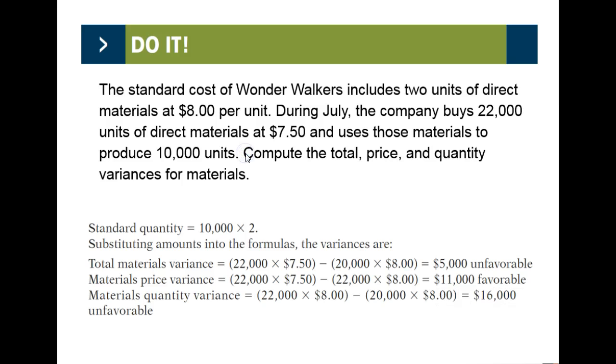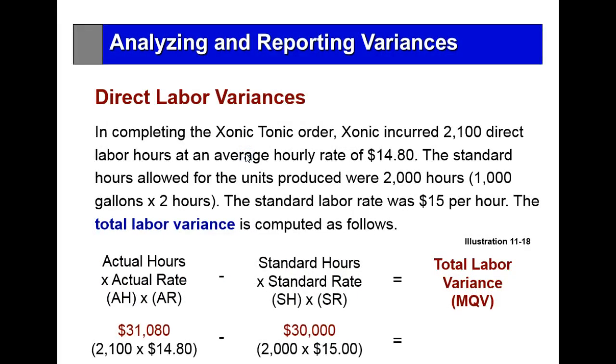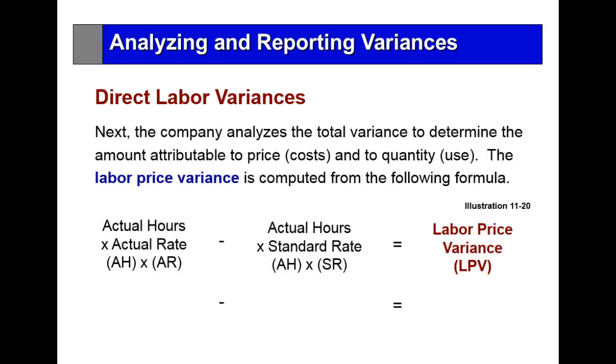The same thing's going to happen with our direct labor variances. We have our actual hours times our actual rates, then our standard hours times our standard rates to come up with our total labor variance. To determine our price variance, it's going to be actual times actual minus actual times standard.